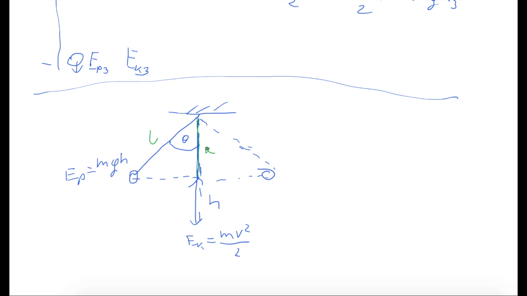Take a look at this. Distance A over L is the same as cos, in this case actually, cos of my angle theta.